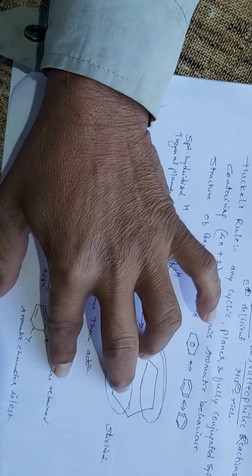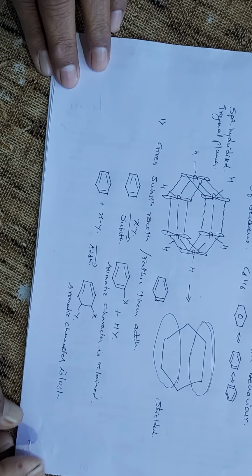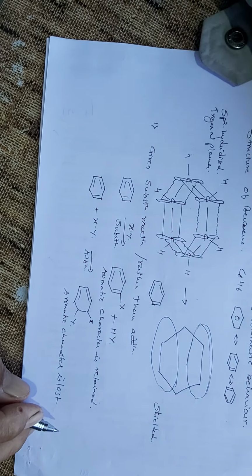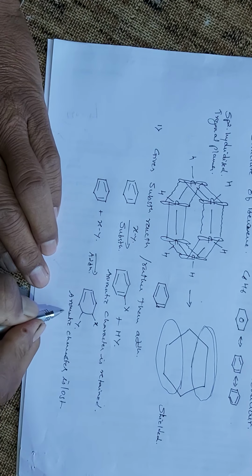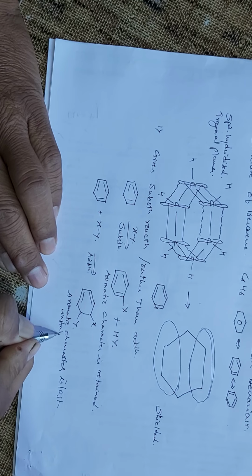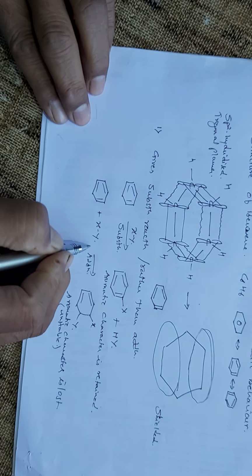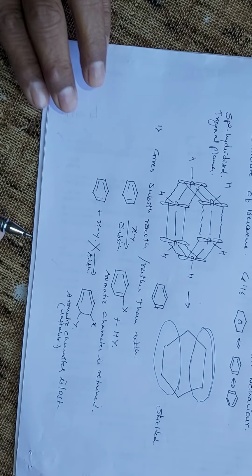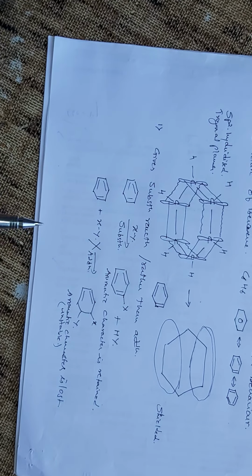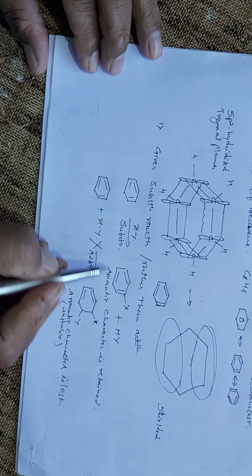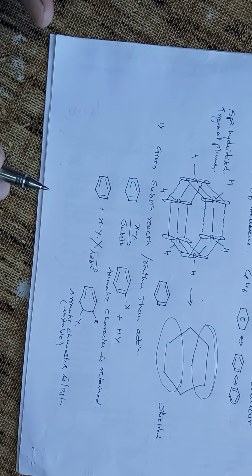Aromatic character is lost, and so the product becomes unstable and does not exist. And so this reaction does not take place. It's a non-aromatic compound, whereas in substitution the aromatic character is retained.